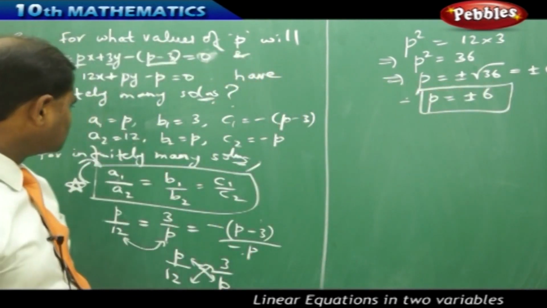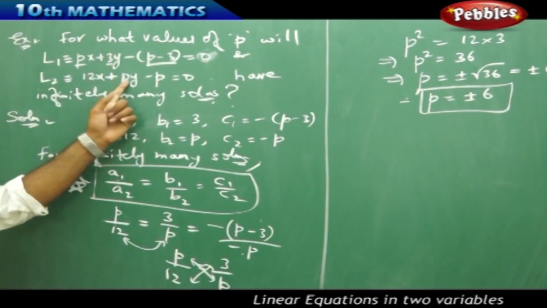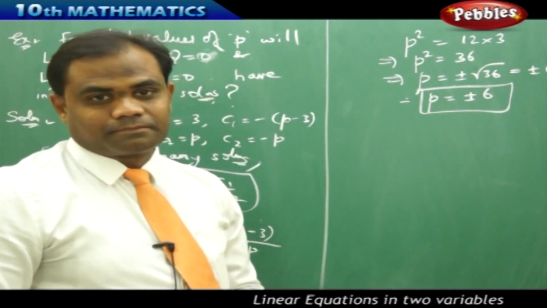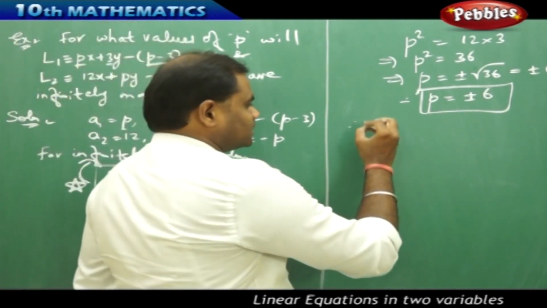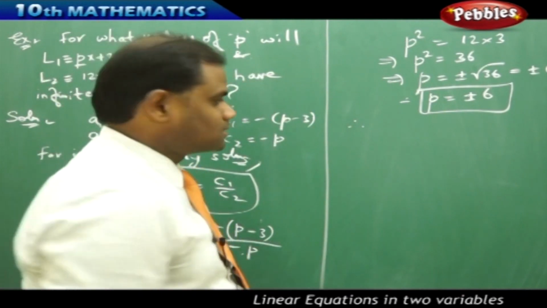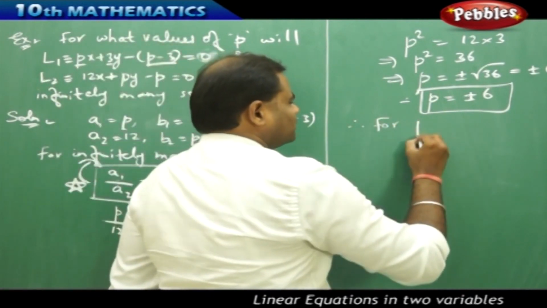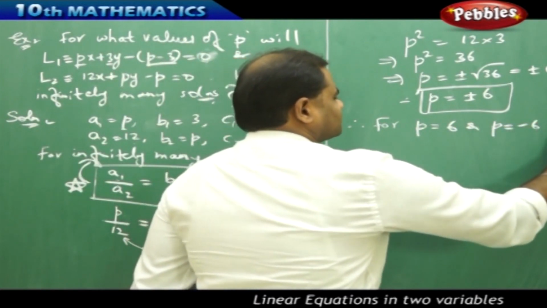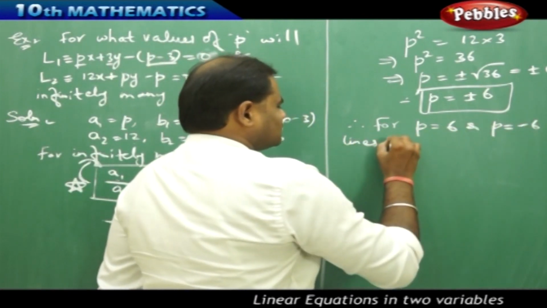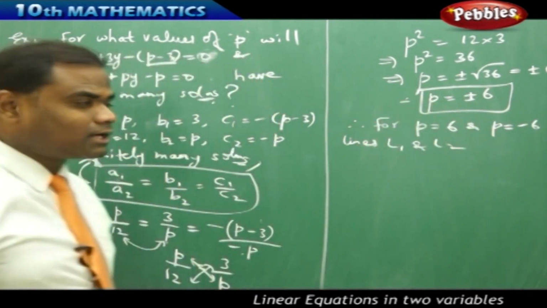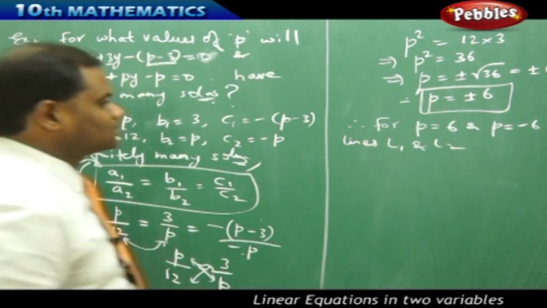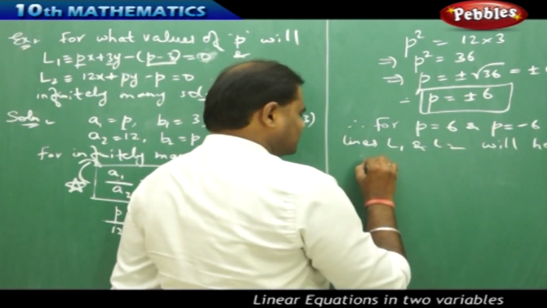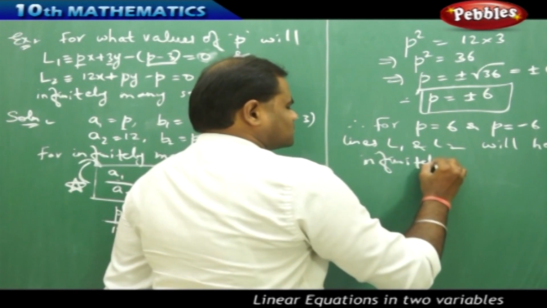Therefore, in order for the two lines to have infinitely many solutions, the values of P can be either 6 or minus 6. So I conclude that for P equal to 6 and P equal to minus 6, the lines L1 and L2, which are given here, will have infinitely many solutions.